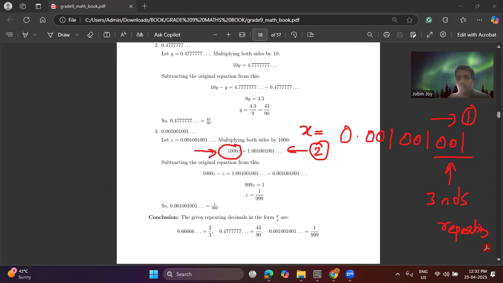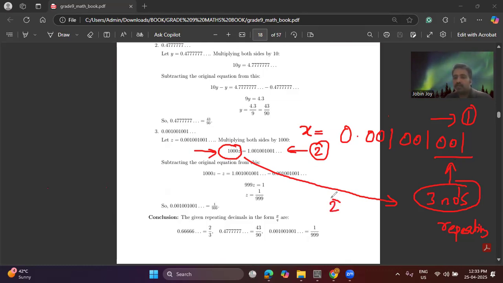Remember this point. Why 1,000? Because there are 3 zeros, and why 3 zeros? Because there are 3 numbers repeating here. If there are 2 numbers repeating, you have to multiply with 100. If there is only one number repeating, like the previous problem, you have to multiply with 10. But here there are 3 numbers repeating, so you multiply with 1,000.